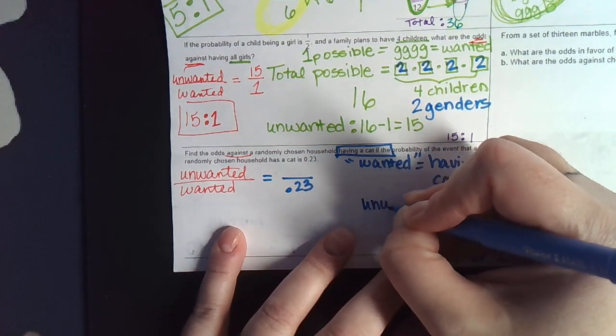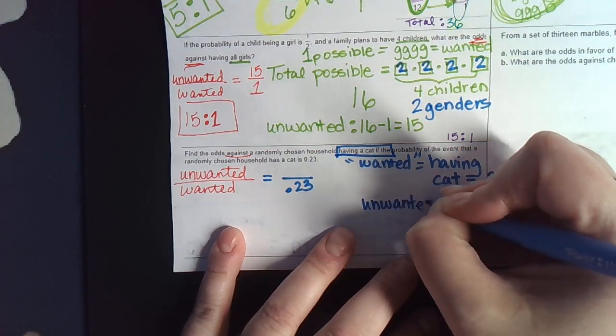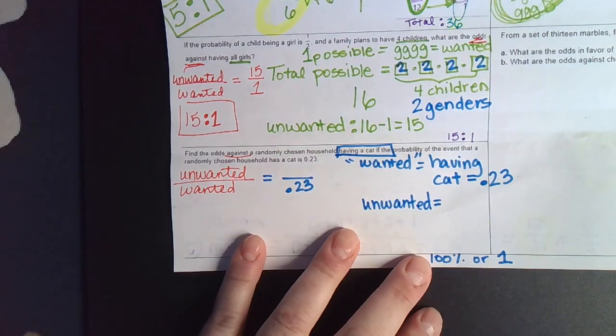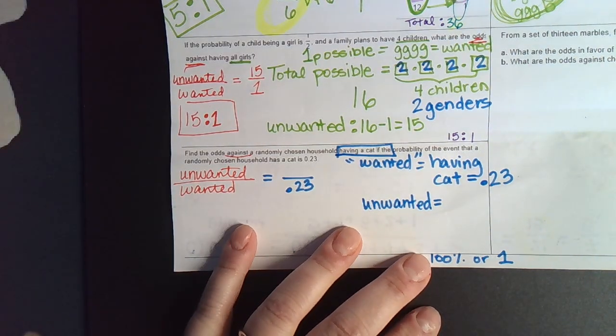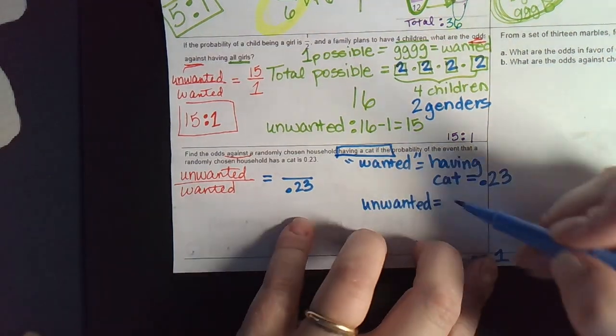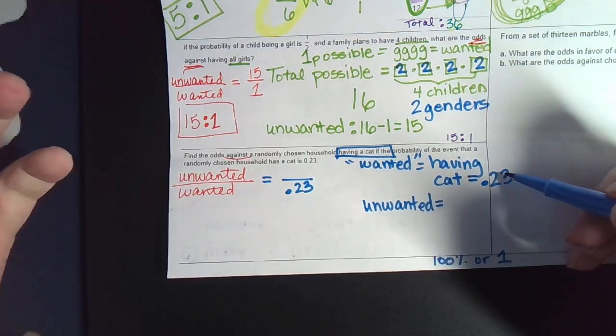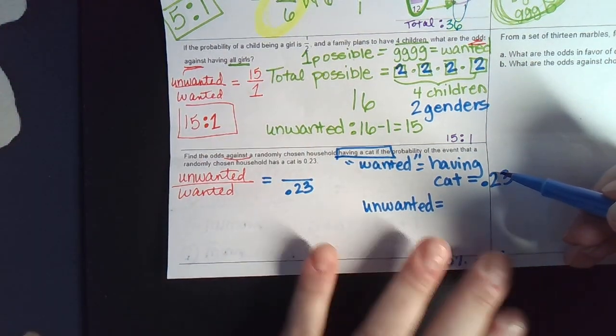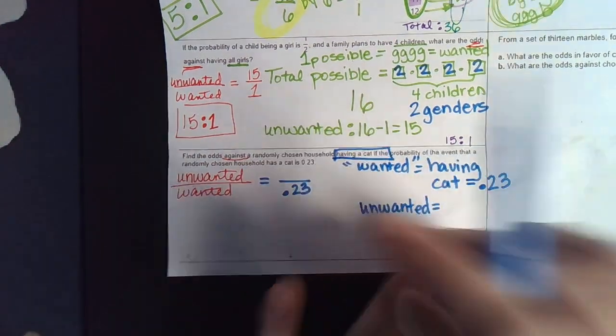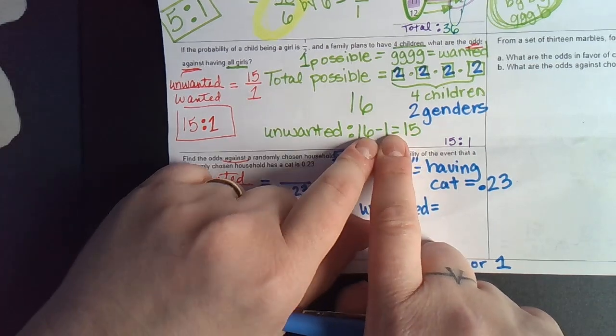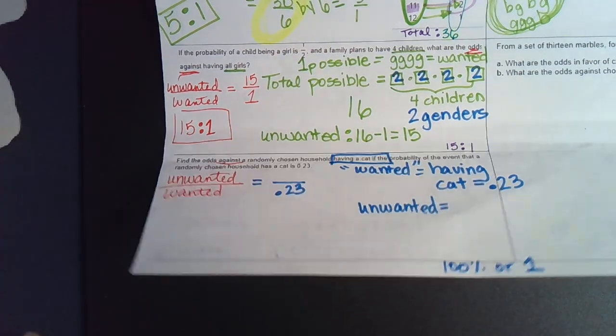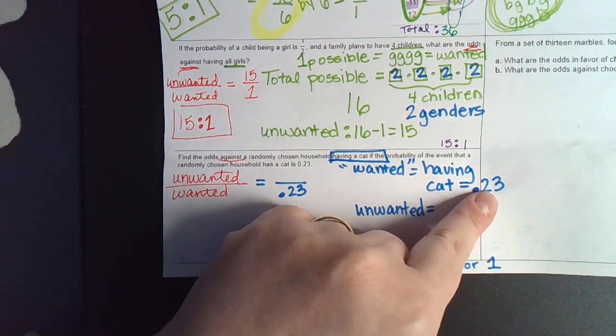Well, the unwanted is going to be not having a cat. Well, not having a cat is just like subtraction. We're going to take, kind of like this 16 minus 1, only we're going to say something minus 0.23.